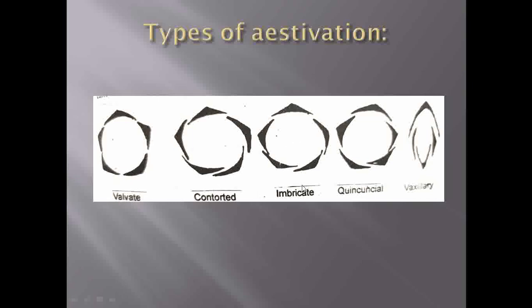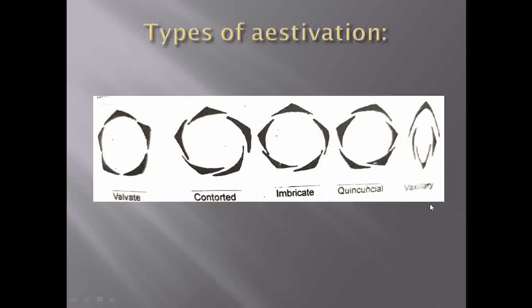twisted. The next estivation is imbricate. See here, one petal or one sepal is completely outside while the remaining are alternate with each other. Then in the quincuncial, one is completely outside, one is completely inside, and the remaining are alternating with each other.